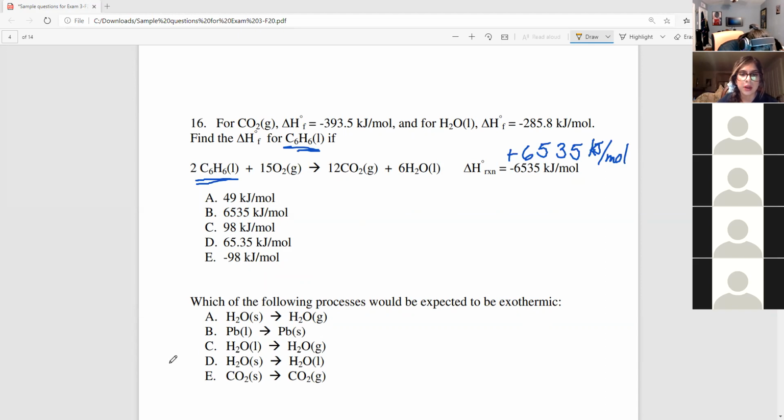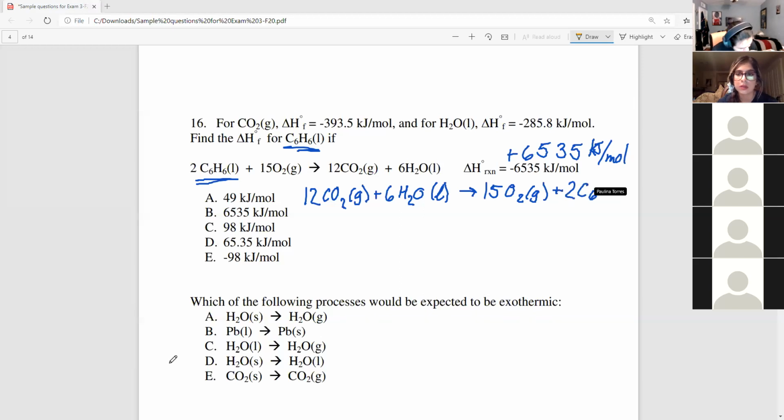So now we're going to have 12 CO2 gas plus 6 H2O, and that's going to yield 15 O2 gas and 2 C6H6 liquid.